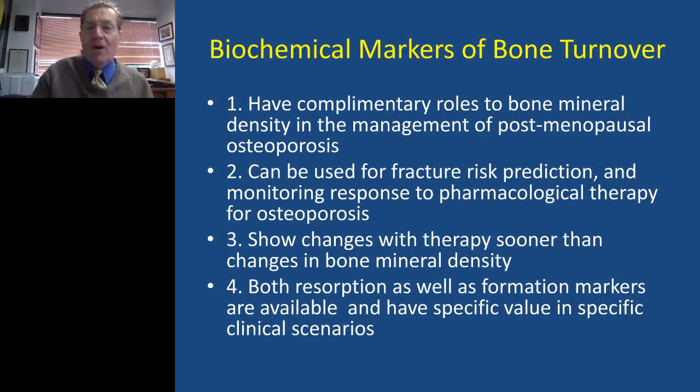So biochemical markers of bone turnover have complementary roles to bone mineral density in the management of postmenopausal osteoporosis, can be used for fracture risk prediction and monitoring response to pharmacological therapy for osteoporosis, show changes with therapy sooner than changes in bone mineral density, provide earlier feedback, and both resorption as well as formation markers are available and have specific value in specific clinical scenarios.